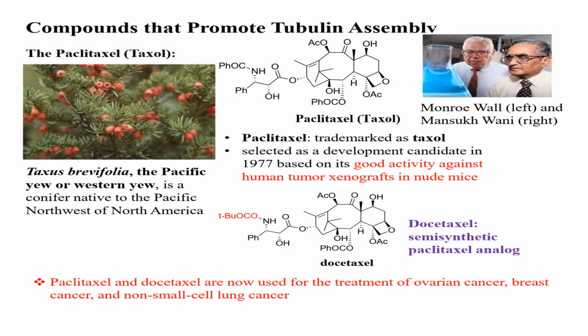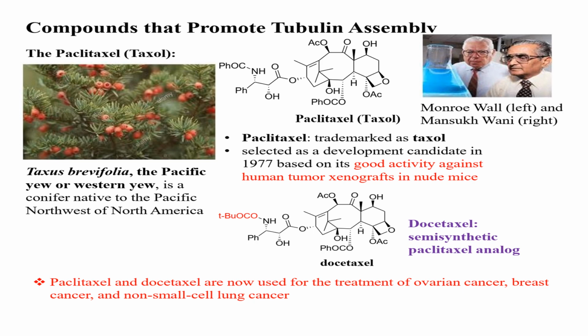The compounds that promote tubulin assembly, like paclitaxel or Taxol, come from Taxus brevifolia, the source of this Taxol. The Pacific yew is a conifer native to the Pacific northwest of North America, and it is known by the trademark Taxol. It was selected as a development candidate in 1977 based on good activity against human tumor xenografts in nude mice.